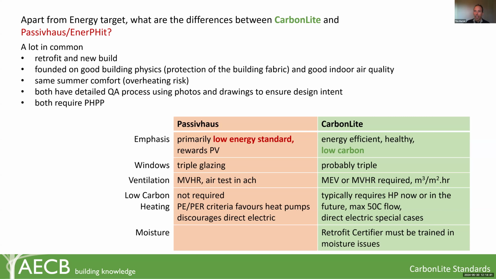That's half the reason it's there, and also for good indoor air quality. They have the same summer comfort standard for overheating risk. They both have a detailed QA process using photos and drawings to ensure the design intent is kept, and they both require PHPP.